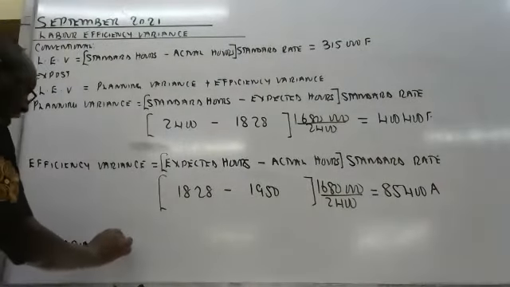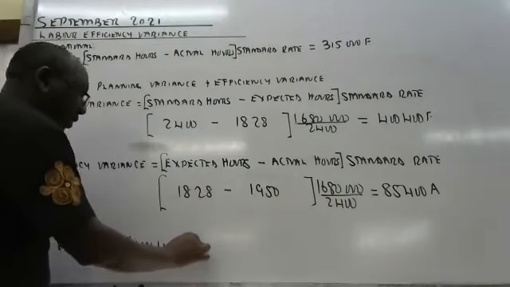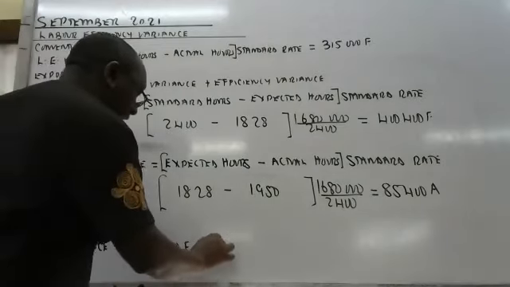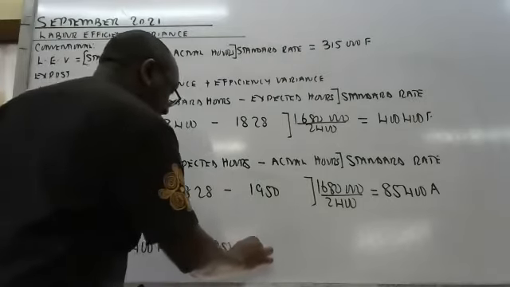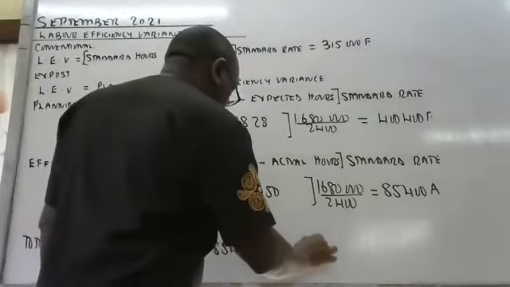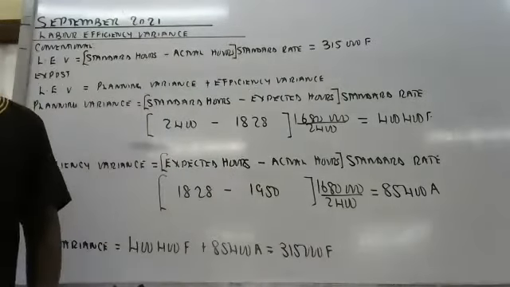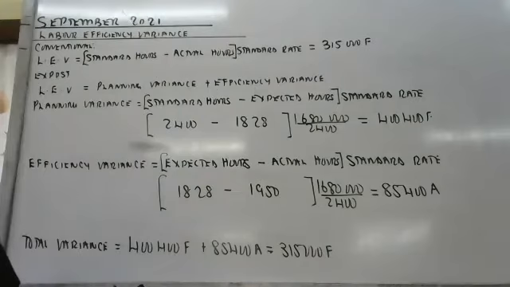So the total here now would be 400 favorable plus 5,400 adverse. And this takes us to 315,000 favorable.